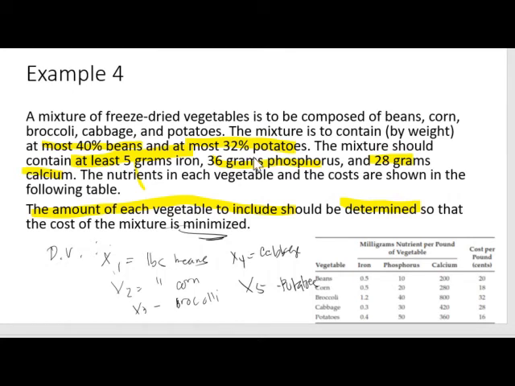Okay, lagay natin siya sa equation. Kinopya ko lang to sa kabila para makita ko siya.